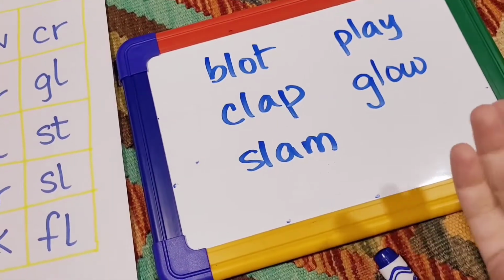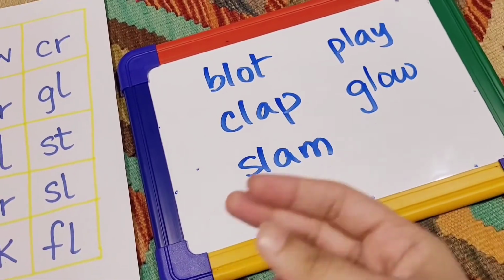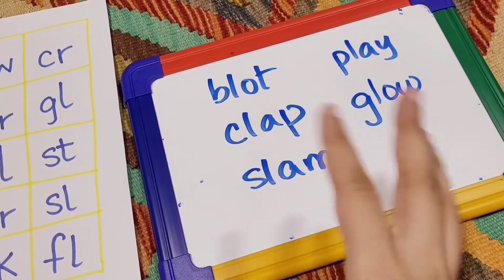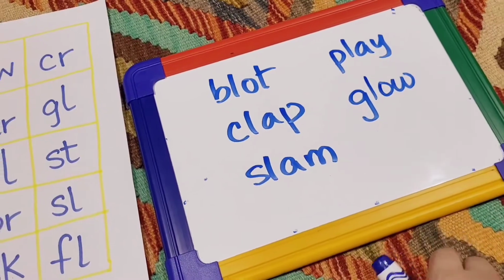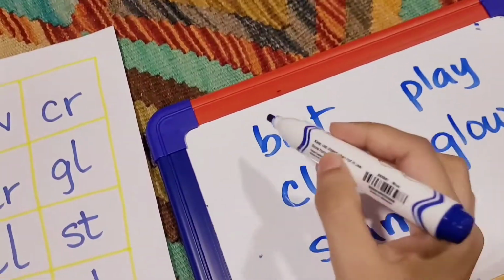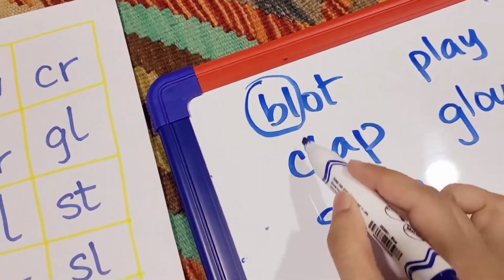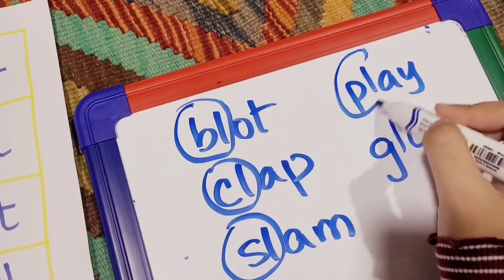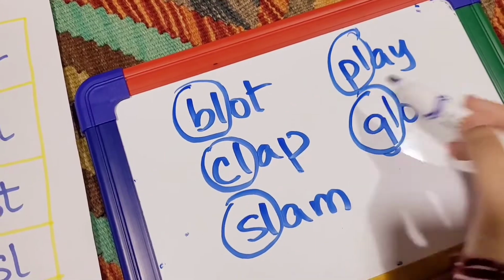B, A, T, three sounds. K, A, P, three sounds. So they will get the hang of that when they are actually circling out the blends. So they know that they are isolating these sounds while working on consonant blends.